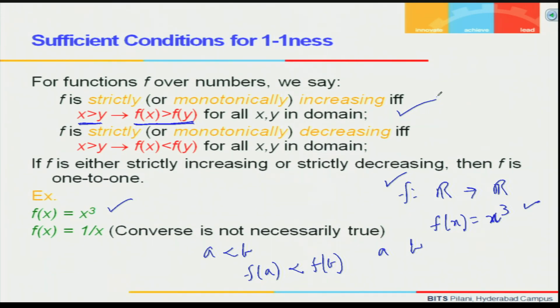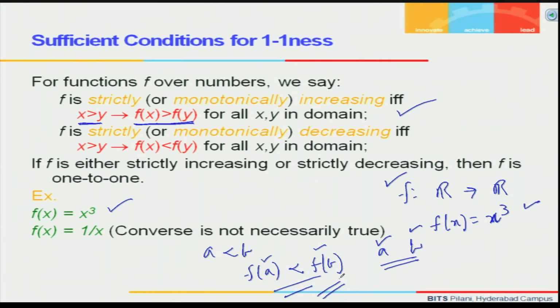So what did we achieve? We have taken two distinct elements and their images, f(a) and f(b), are also distinct. They are distinct because f(a) is less than f(b). You have taken two elements that are distinct and their images also happen to be distinct, hence this function is 1 to 1. However, the converse is not true.